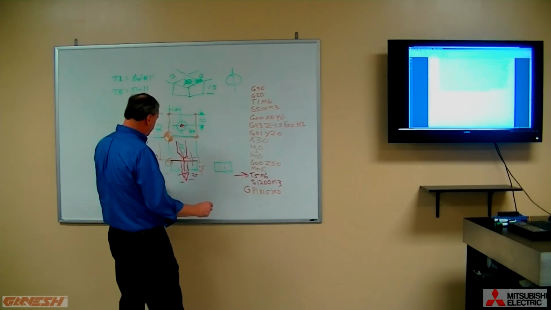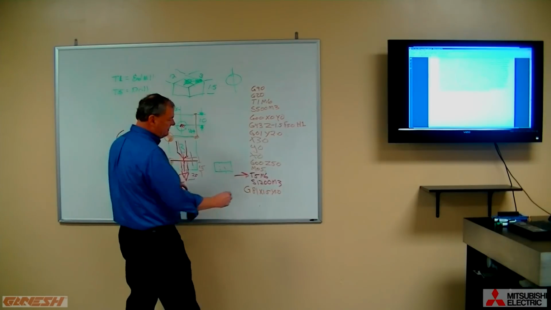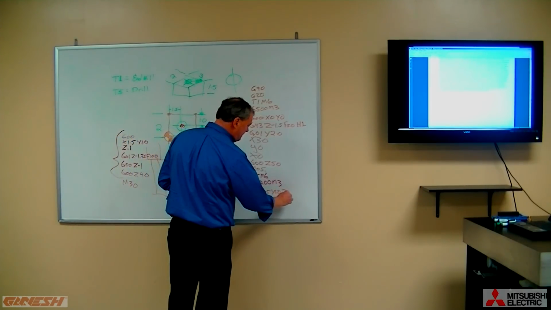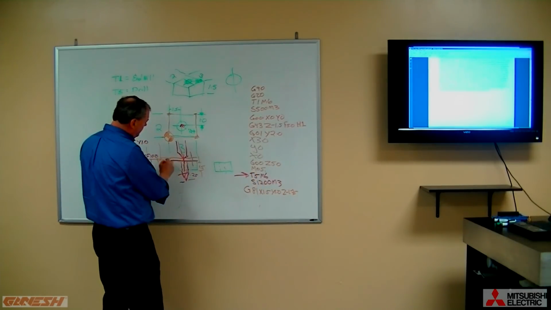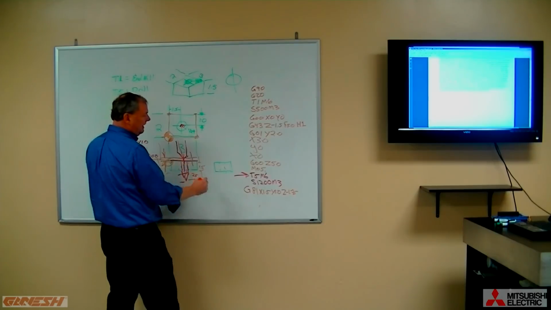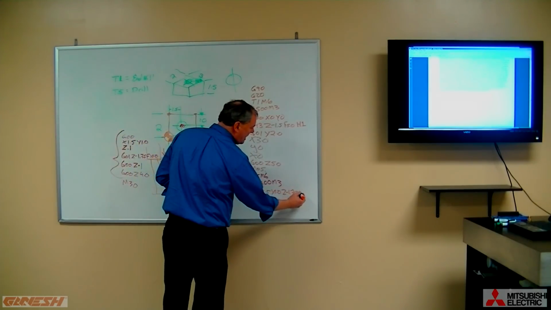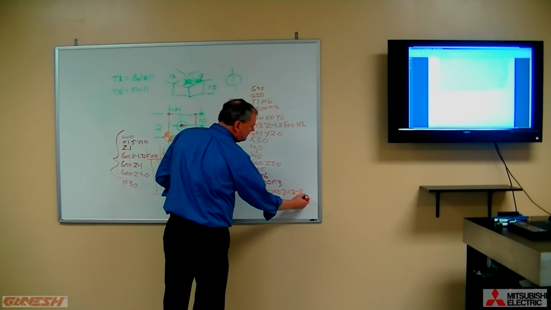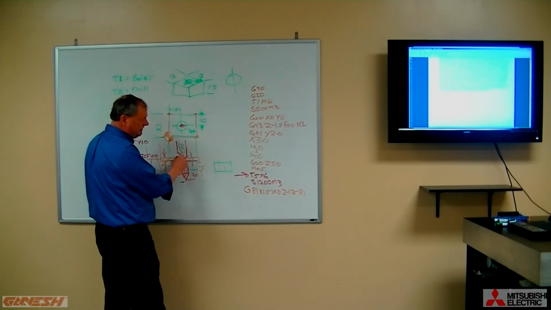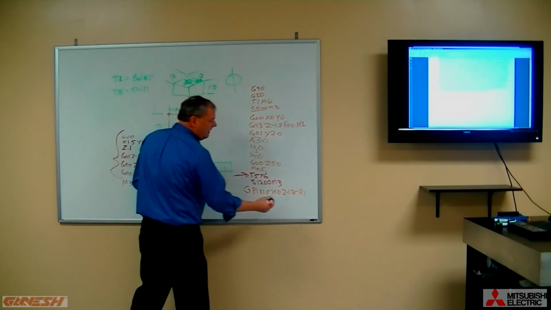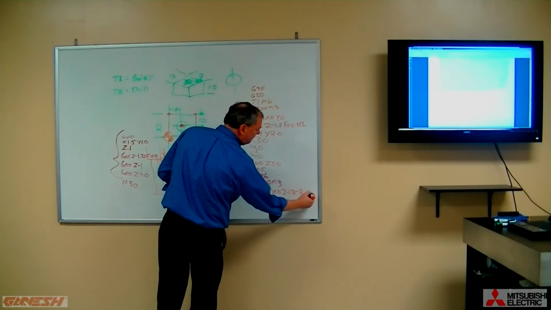And now what I'm going to say is my Z depth is minus 1.75. And I want it to go to what we call, here's a new word now, the R plane. So I take the letter R and tell it 0.1 of an inch. In other words, 0.1 right over the part is where we want to rapid to. And then I just give it a feed rate of 10.